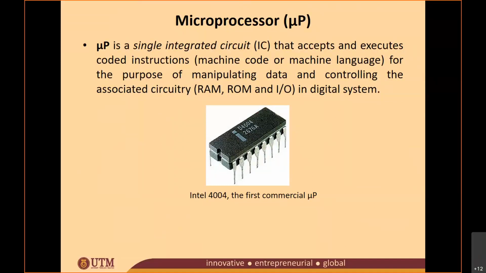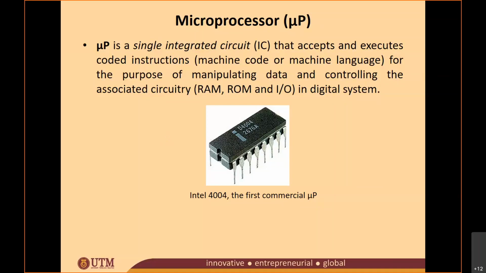Alright, so now we're going to see what are the differences between microprocessor and microcontroller. Sebab tadi kita tengok CPU, okay, the central processing unit have two types. Okay, satu is a microprocessor, satu lagi is microcontroller. So now we're going to see the difference between both of them.